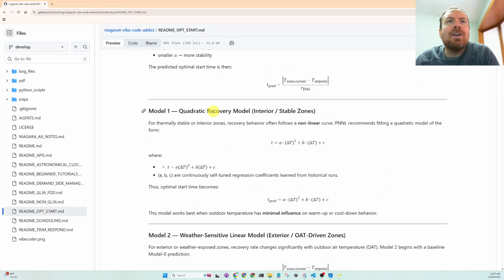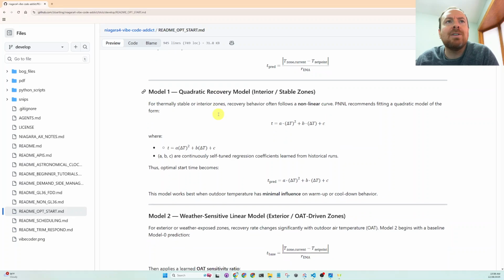In model 1, our quadratic recovery model, the paper says to use it for more interior-based zones that don't have outside air temperature. So basically our time in T is our alpha parameter times our zone temperature delta squared, which we've talked about in previous lessons.